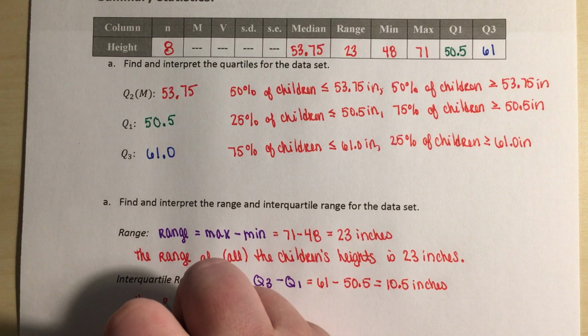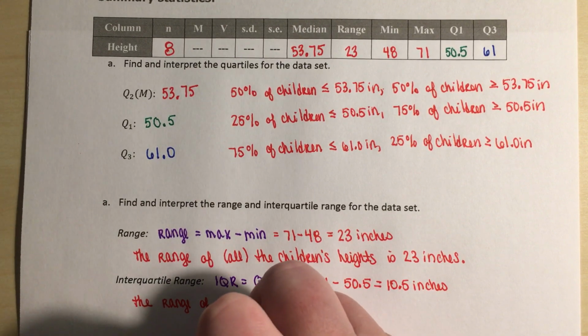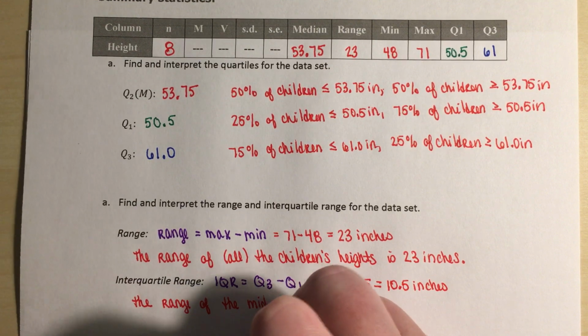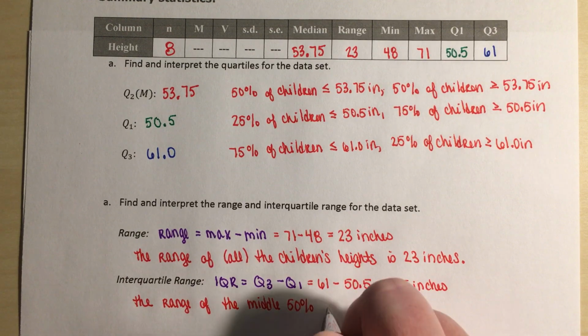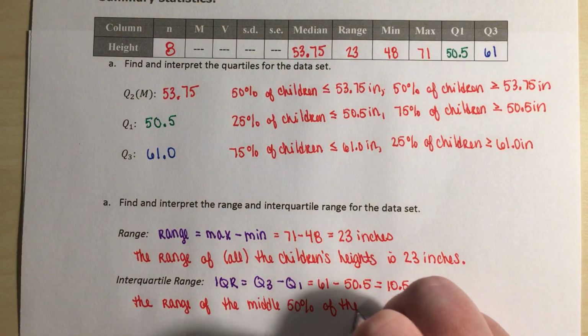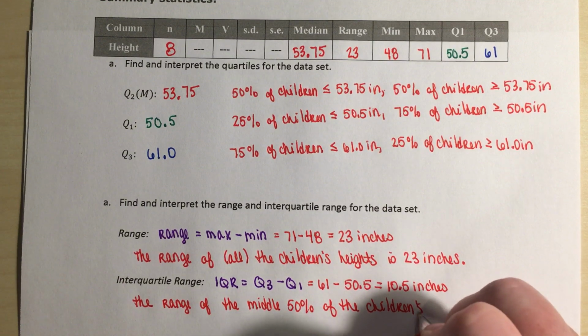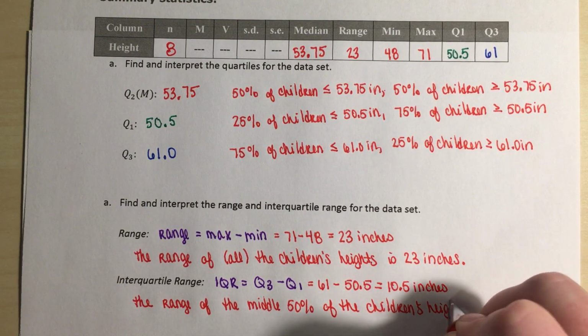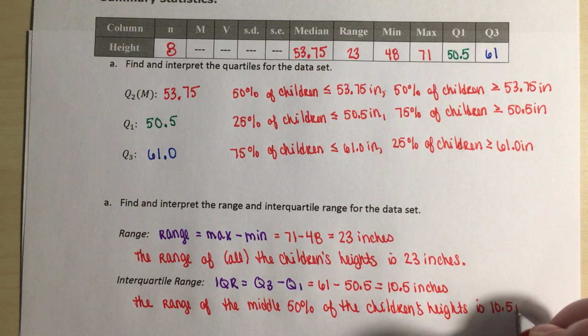So the range of the middle 50% of the children's heights is 10.5 inches.